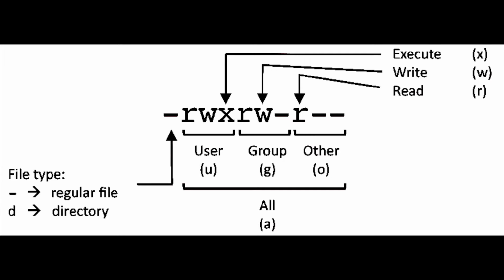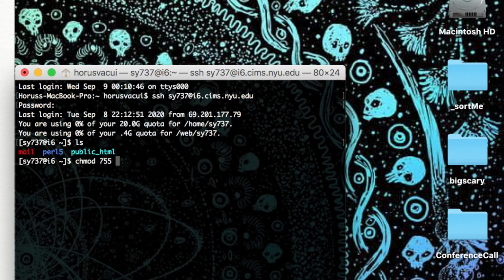The reason we have 3 positions for that information is because the 7 stands for what the user can do, the first 5 stands for what the group can do, and the last 5 stands for what others can do. We'll show in the comments, and then I'm going to say public underscore HTML and hit enter.